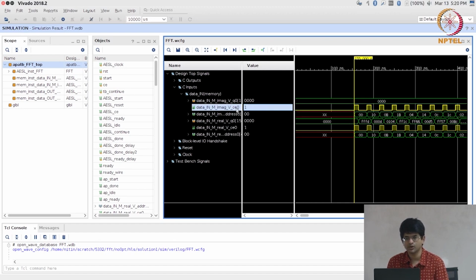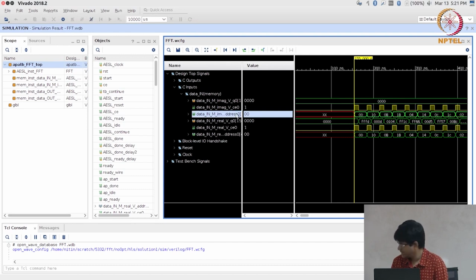So in practice, what is usually done is, there is something called a data pack directive that you can give to the HLS tool, which will basically combine the real and imaginary together into one 32-bit value. Why is that good? Because it reduces some complexity. You don't need two addresses, you don't need two write enable and read enable signals and so on. Okay.